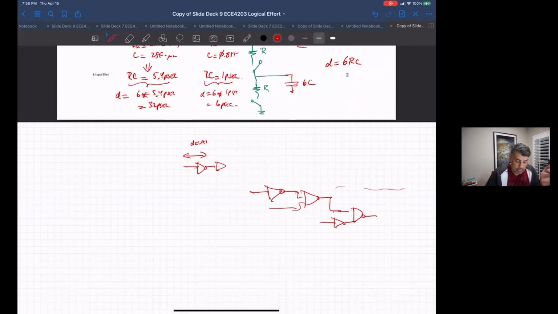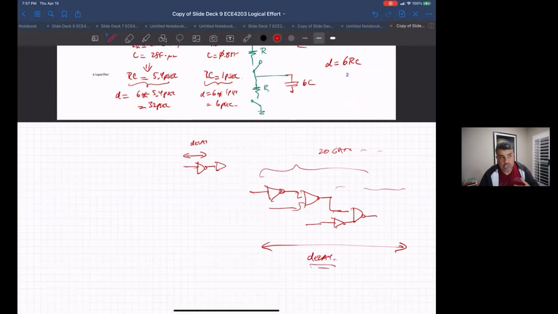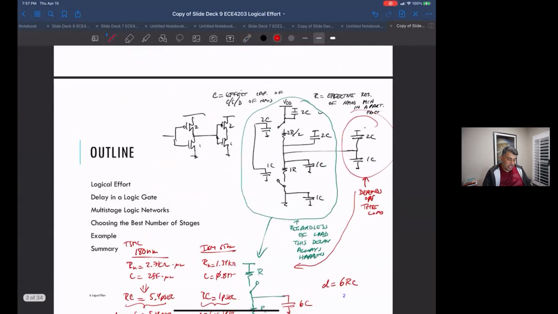This would be like some data path, let's say you have 20 different gates, or it could be 50 or whatever, and you want to see the delay through the whole thing. This is a typical situation you're in. So we have to come up with some methodology to analyze not just delay in a single logic gate, but the delay in a multi-stage logic network.